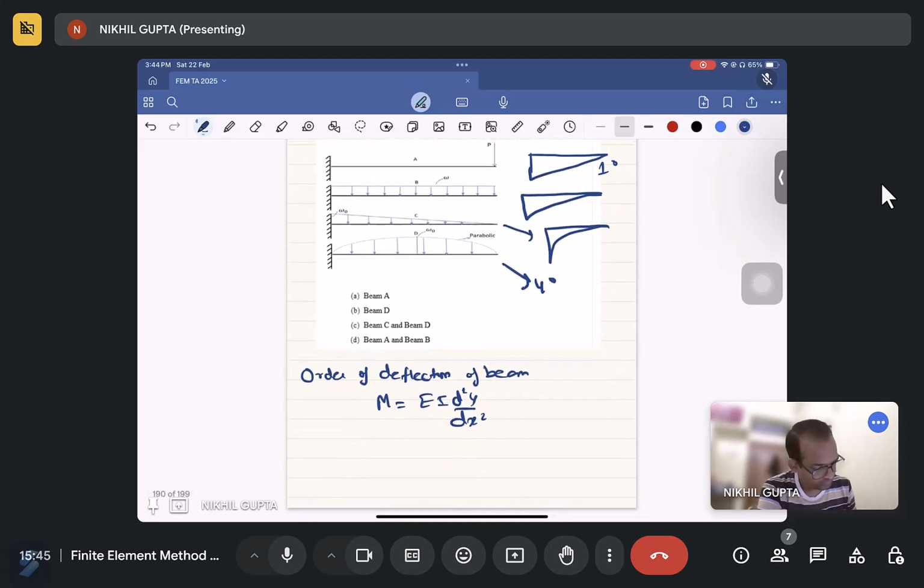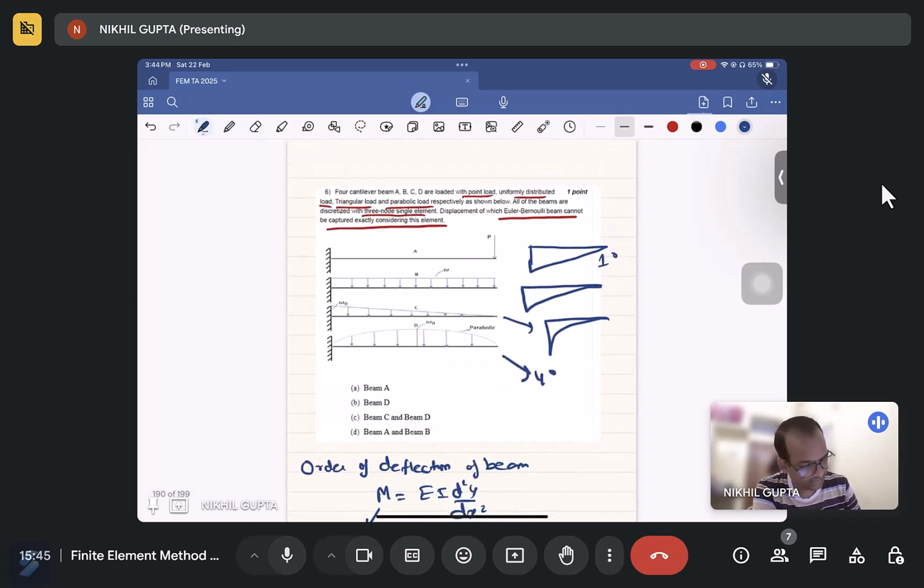So if we go by this problem, if your moment is 4 degree, when you integrate this, it will go to 6 degree. So you require a 6 degree equation to solve this.